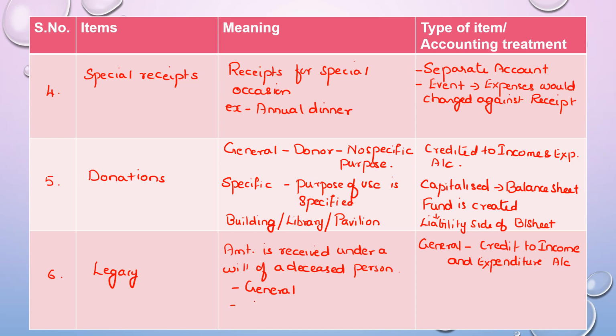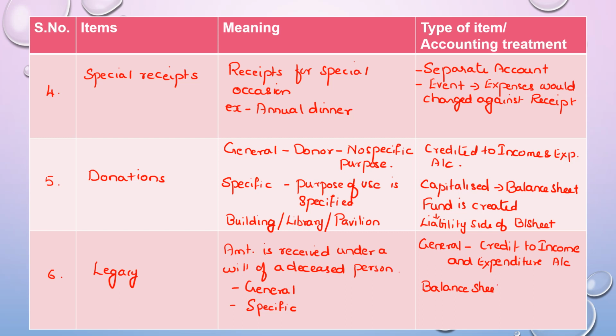But sometimes the purpose for which it is to be utilized is specified in the will. The person leaves 1 lakh and says that you have to utilize this 1 lakh for this particular purpose. Then the legacy donation receipt here is a specific donation. So again, where will it go? Like our specific donation, same accounting treatment.